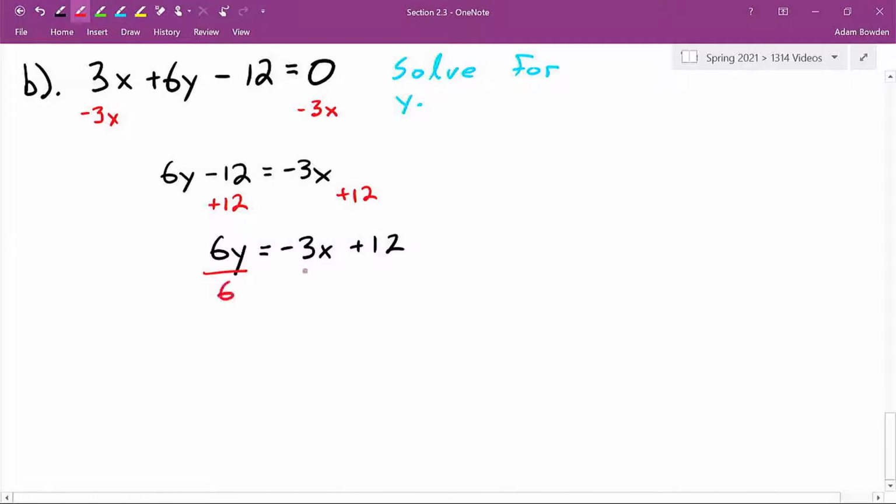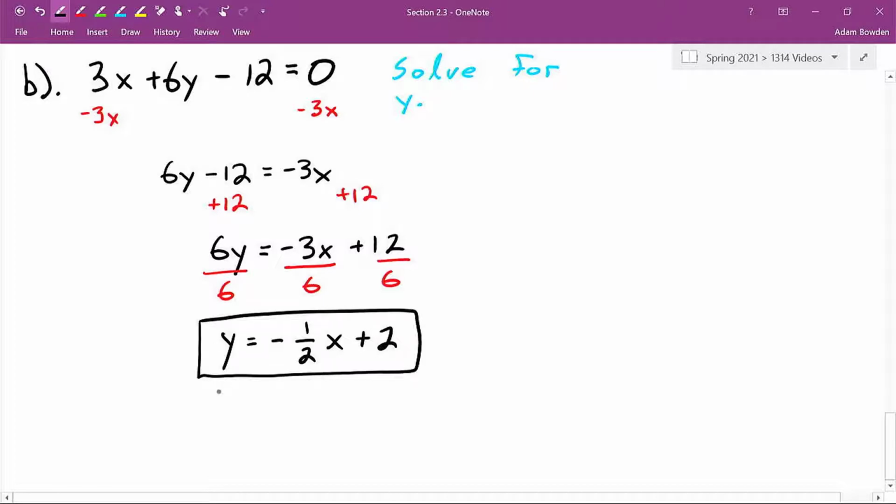To solve for y, we're going to divide everything through by 6. That results in y equals negative 1/2 x plus 2, once I've reduced the fraction of negative 3 over 6 down to negative 1/2. So now we've solved for y, and that puts it into slope-intercept form.